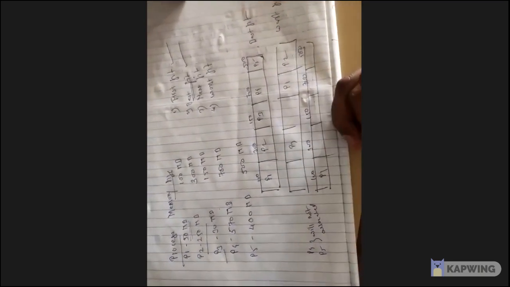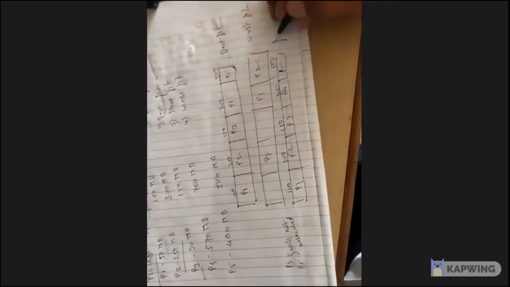First process P1: find the first hole that fits, so P1 goes here. Then P2 here, P3 here, P4 here, and P5, the same as best fit only, based on this example. So this is first fit. Whichever comes first is called first fit. Now next fit.